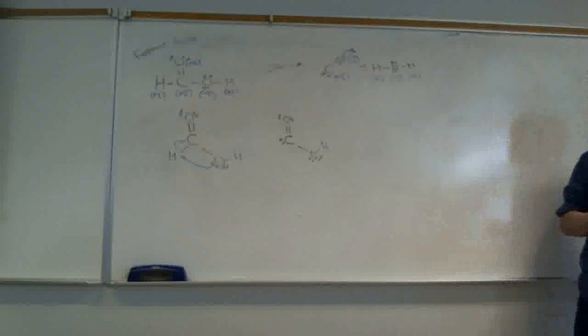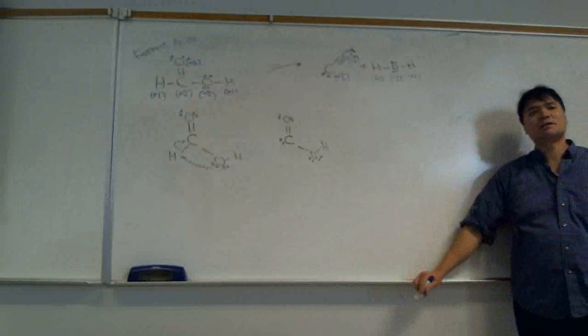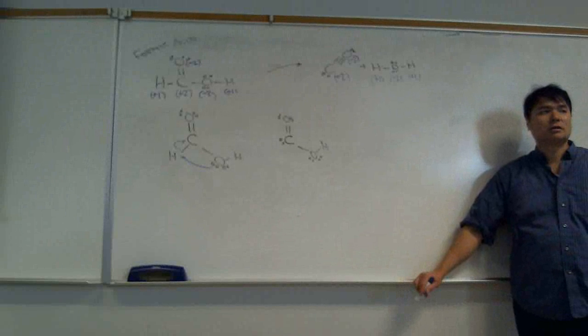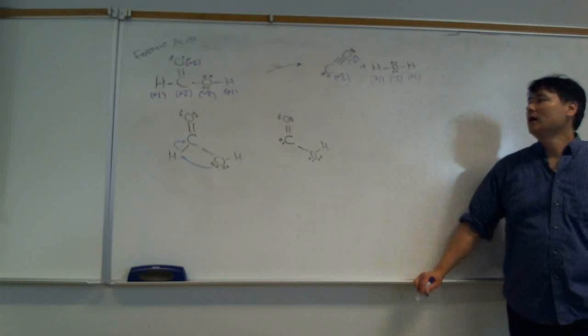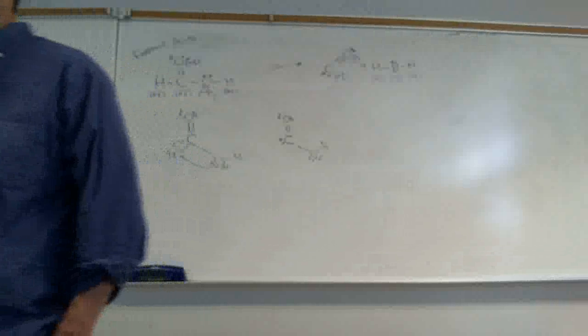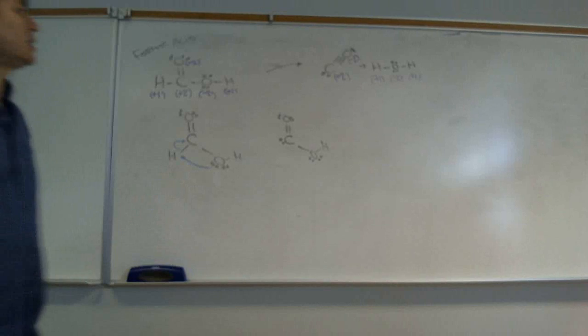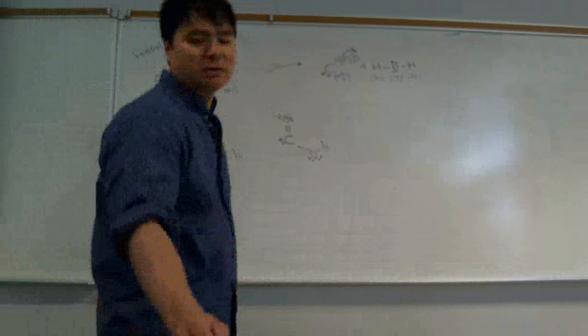So did the oxidation states change? No. If the oxidation states don't change, then this is not a redox. This must be an acid-base reaction. Now, is this a Bronsted acid-base reaction or Lewis acid-base reaction? Lewis? Well, in a Bronsted acid-base reaction, let's say we reverse this.